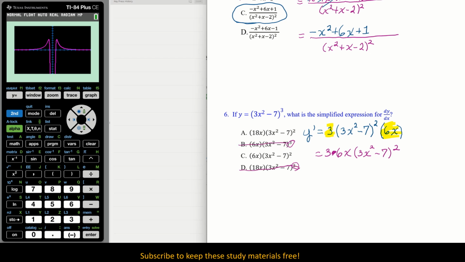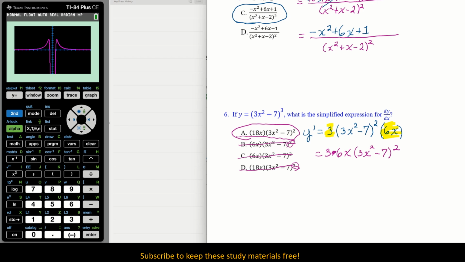So we get rid of B and D. Now we're down to A and C. Well, obviously, A is the option because 3 times 6 is 18. And what option C is trying to do is you may have skipped a step. You may have not properly brought down the 3 or not multiplied it in the end, or just not used it. Anyway, the correct option is A.